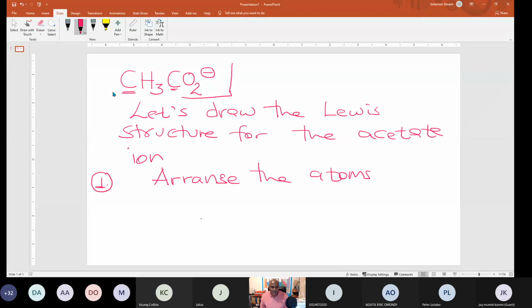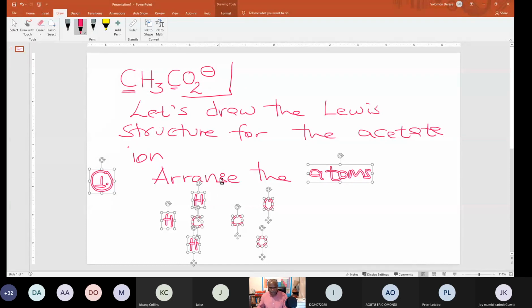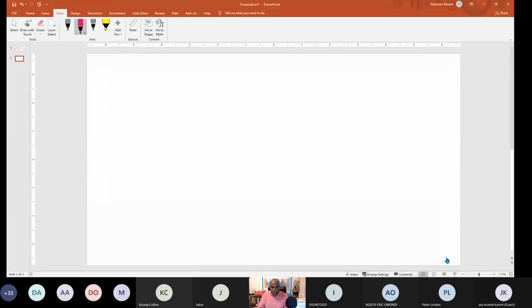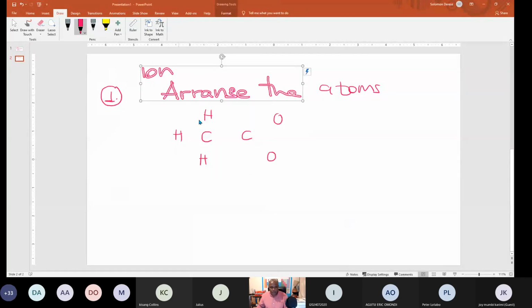So the arrangement will be carbon, with hydrogen, hydrogen, hydrogen, then carbon, which is bonded to 2 oxygens. This is how the atoms are arranged. So the first step is to arrange the atoms.